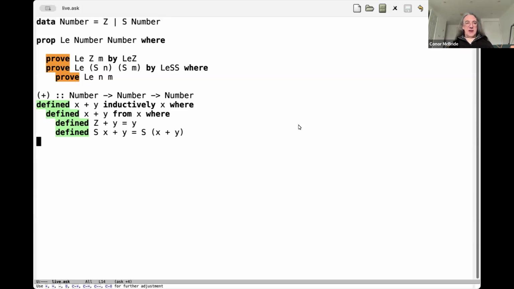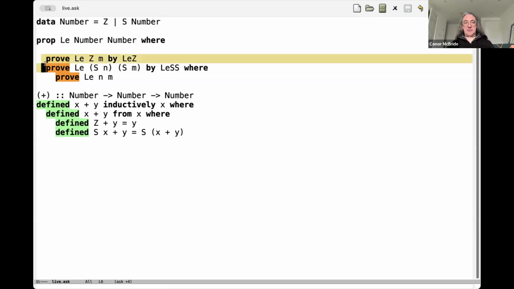Okay, so here I've got our good old type of Spuds and Lemons numbers. And I've got our relation that says when one number is less than or equal to another number, where I explain what the relation is by saying what rules are available for proving it.